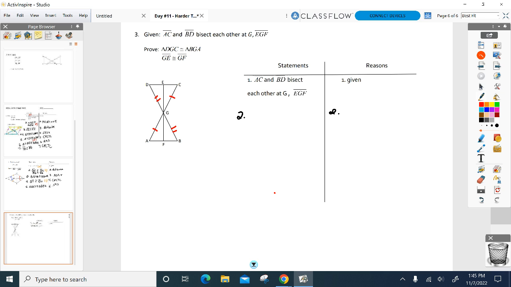Perfect. DG congruent to GC. And nope, DG congruent to GB. Try that again. And CG congruent to GA.